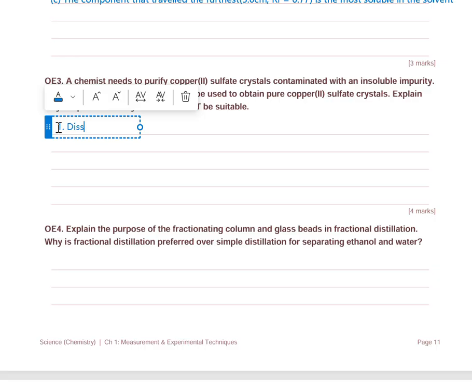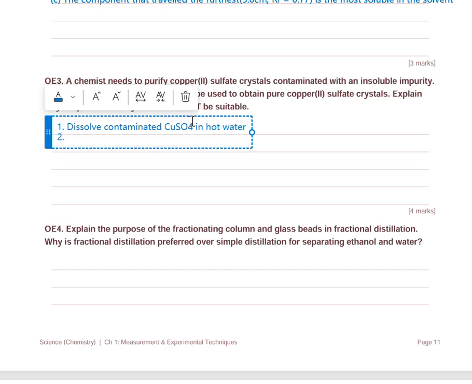So the first step would be dissolving the contaminated CuSO4 in hot water. Okay, step 2.